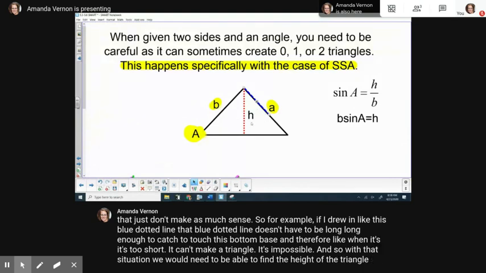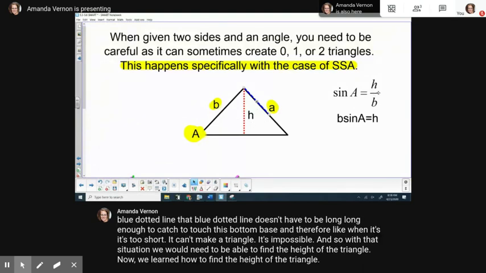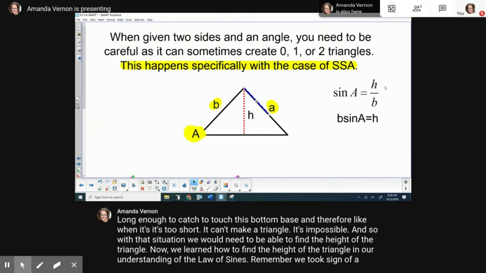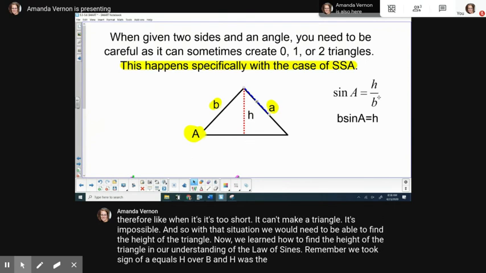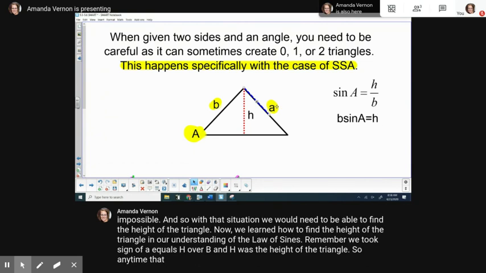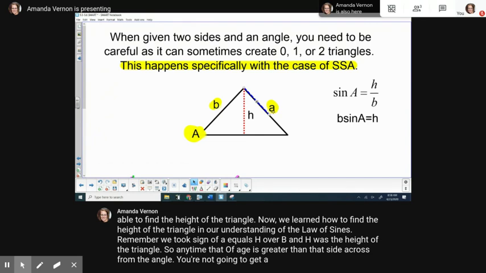We learned how to find the height in our understanding of the law of sines. Remember, we took sine of A equals H over B, where H was the height of the triangle. So anytime that value of H is greater than the side across from the angle, you're not going to get a triangle. That's your 0 triangle scenario.